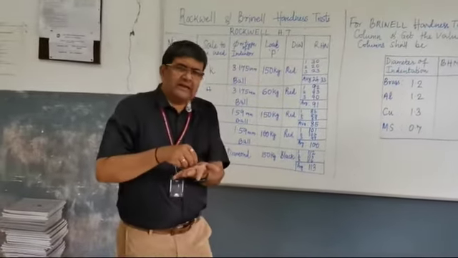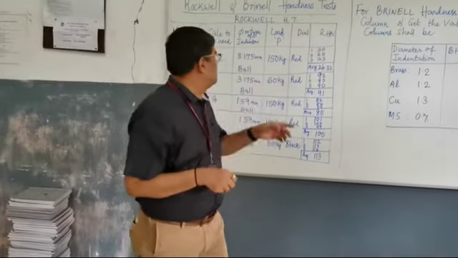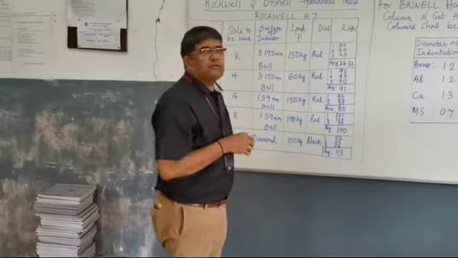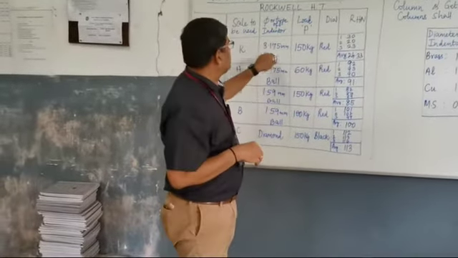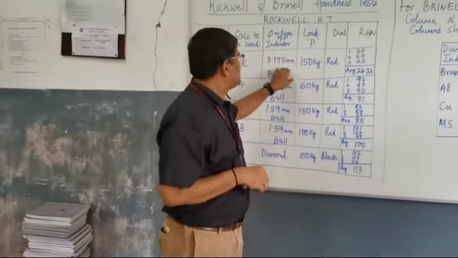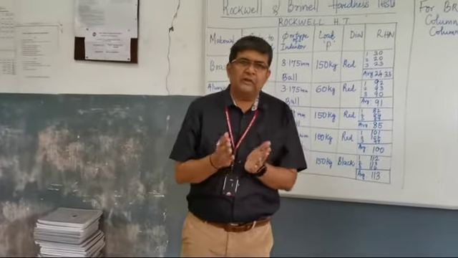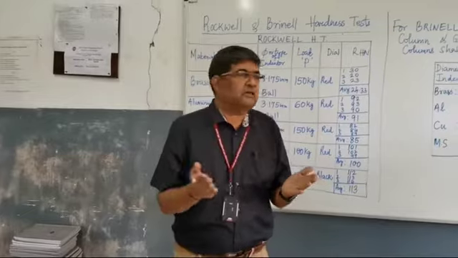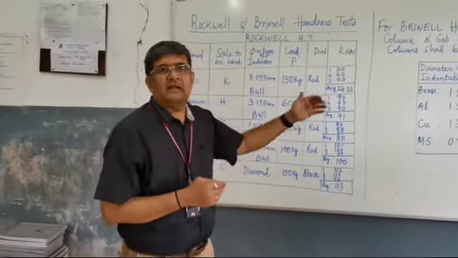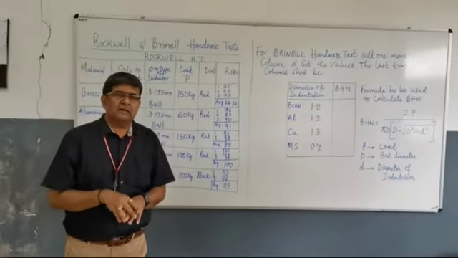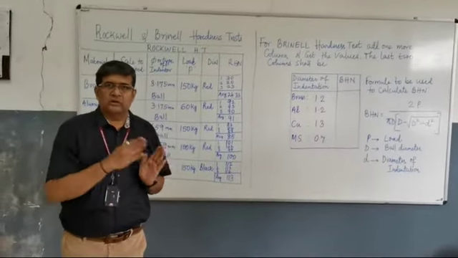It is not going to create an indentation whose diameter is again 3.175 mm, because the material is going to resist the force being applied. So the diameter of indentation will generally be less than that. In your journal you will have to write them as two separate experiments: one is the Rockwell hardness test and the other is the Brinell hardness test. But while conducting, we are going to conduct them in one go, in one stretch.